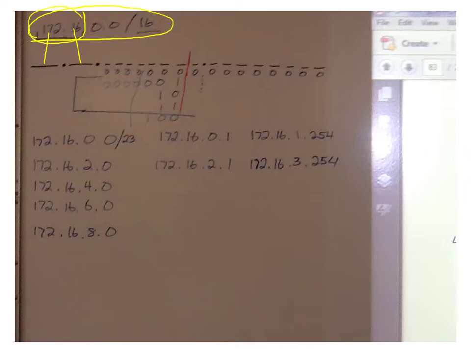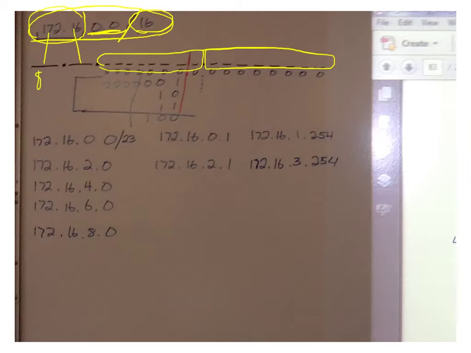But the other octets, this octet right here and this octet right here, we can change and adjust. We can do with that whatever we want. The reason we know that is the /16, 16 bits. We got 8 bits here, 8 bits here. That's our 16.